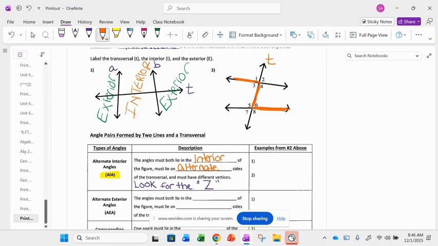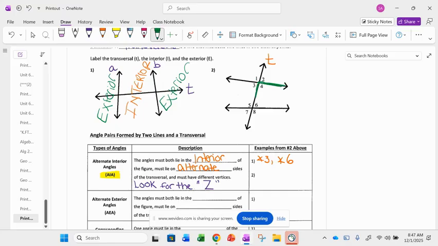So if you find a Z, the angles in the armpits are the AIA angles, the alternate interior angles. So there we have 3 and 6. So an example from number 2, angle 3, comma, angle 6. That's one pair of alternate interior angles in the armpits of the Z. But now, can I also make a backwards Z?